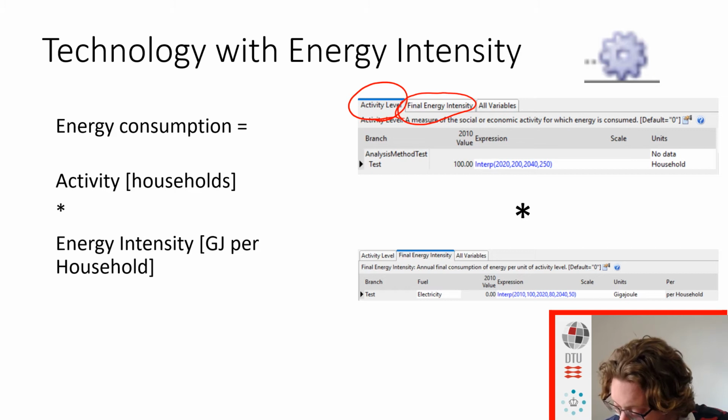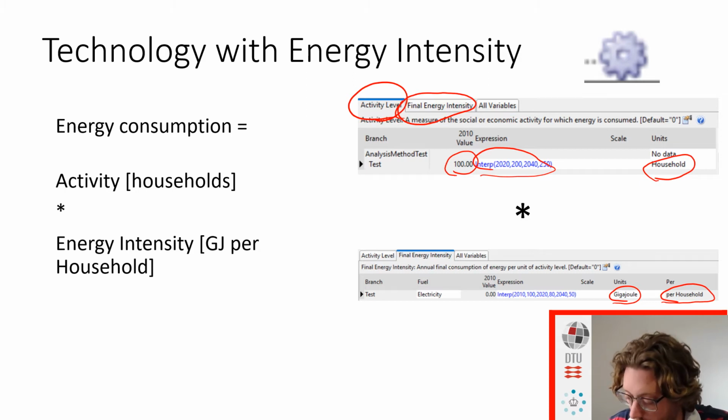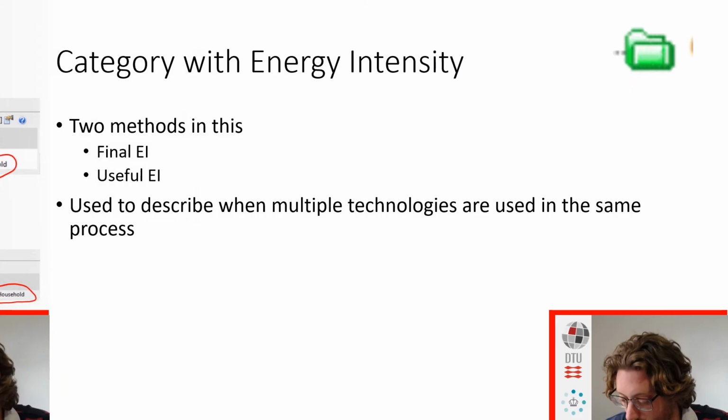In this case, I define my activity with a base value of 100, and then I have a progression for that, defined as households. So here it might be a number of households, and here I use my final energy intensity to say how much energy I need to service this per household, and then we can multiply these and get the energy consumption.